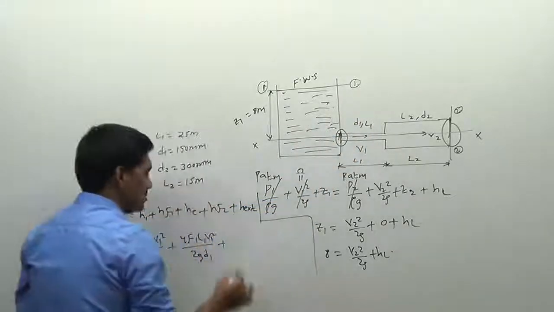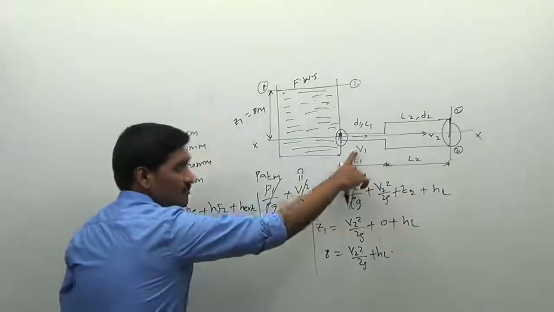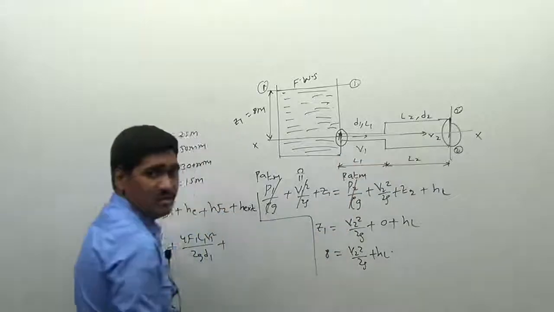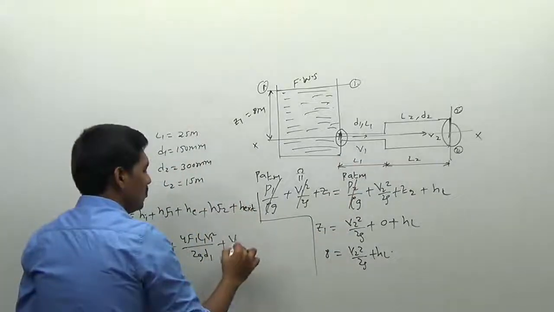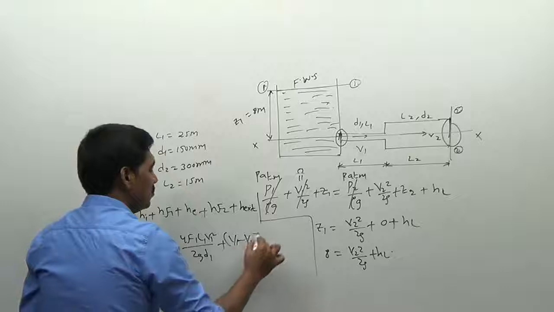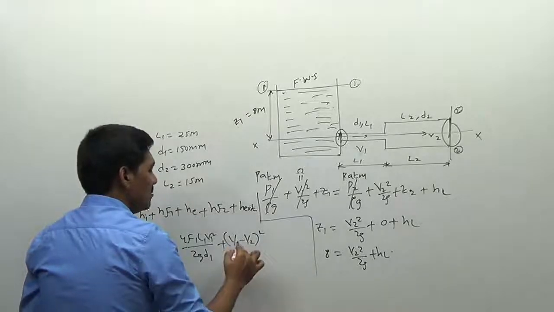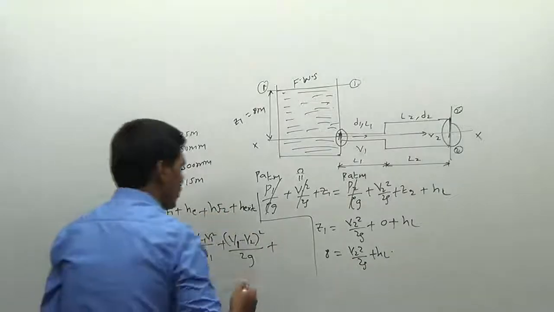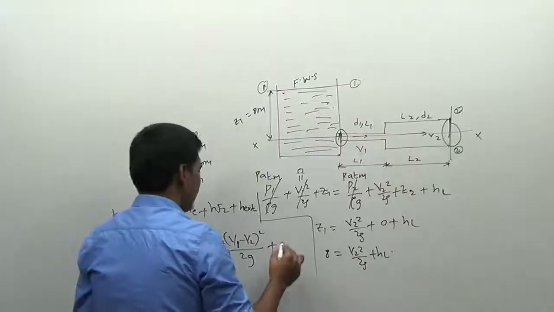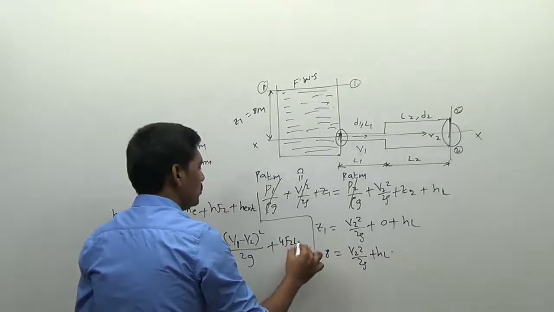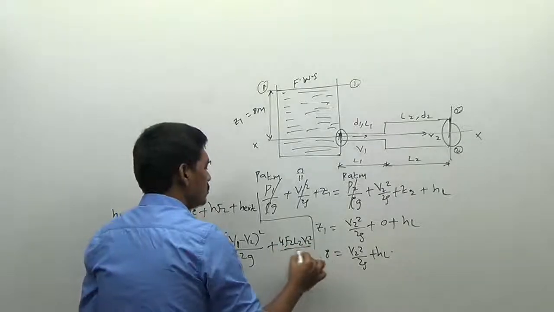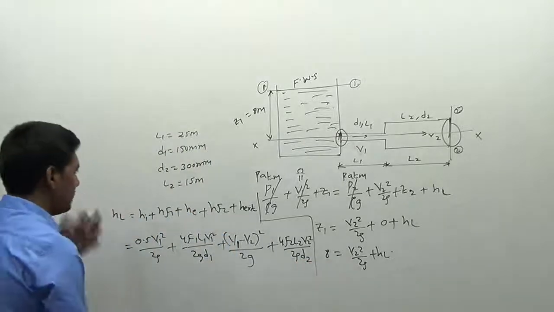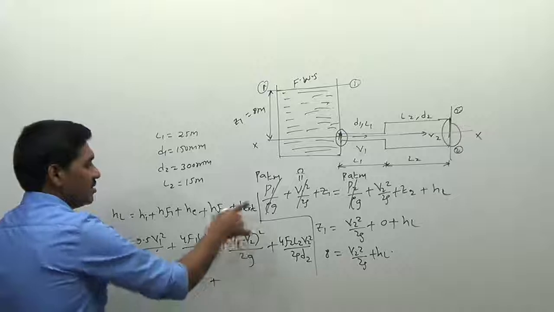Before enlargement the diameter is D1, after enlargement the diameter is D2. Therefore I can write this value as V1 minus V2 whole square divided by 2G, plus the head loss in the second pipe, which is 4 into F2 into L2 into V2 square by 2 G D2, plus the head loss due to exit.